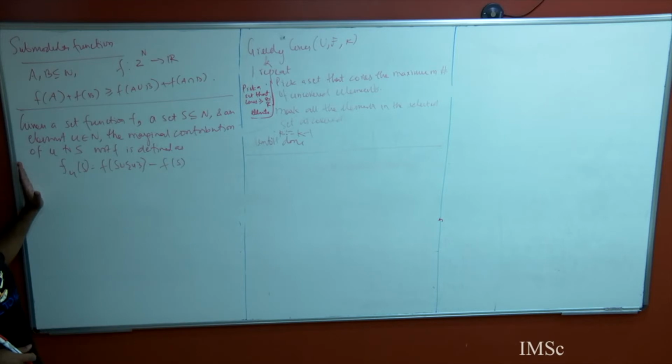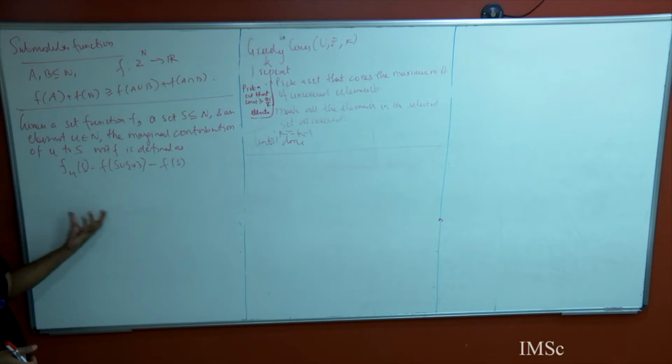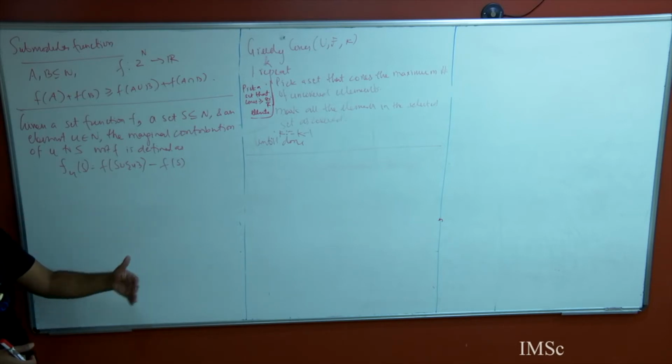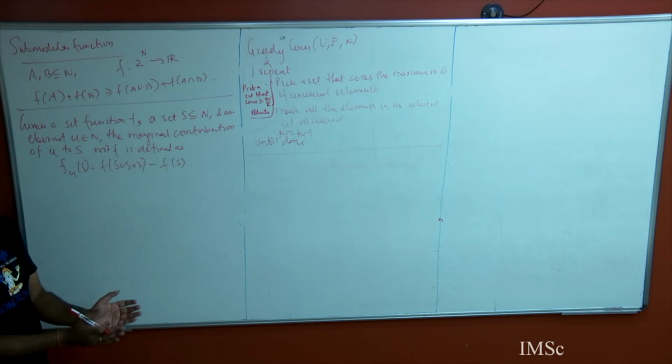So set S was giving me some amount of utility, some amount of contribution. This is why you will see this kind of function appearing a lot in game theory, or statistics where people consider marginals. It's like, after adding this, what marginal benefit do I get from this?